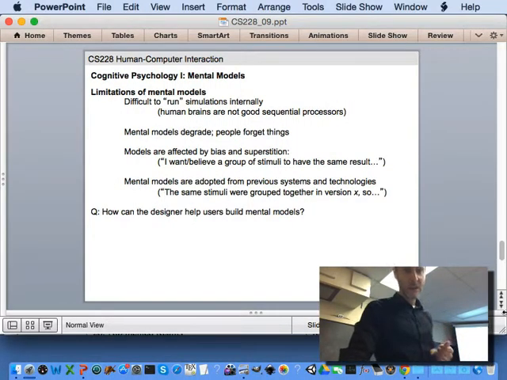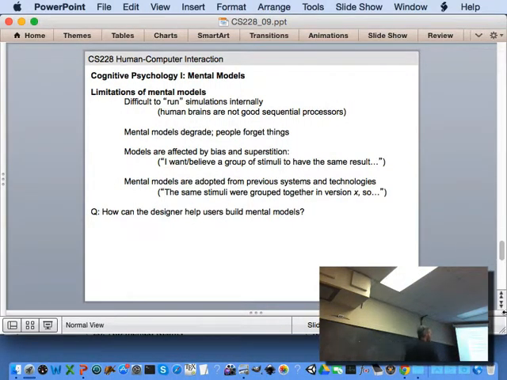Okay. Mental models. The human brain is one of the most miraculous objects in the universe, but it's not perfect. We have a hard time running simulations internally. So you use your mental models to predict, if you're interacting with the system, what's going to happen in the next second or so, right?